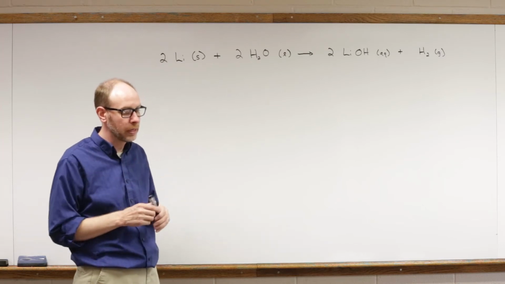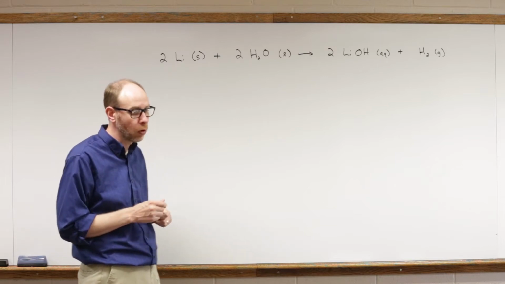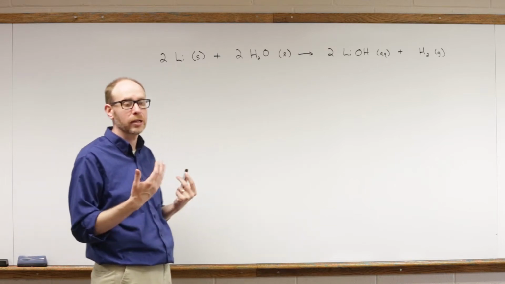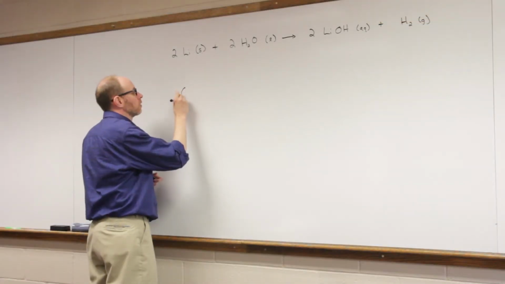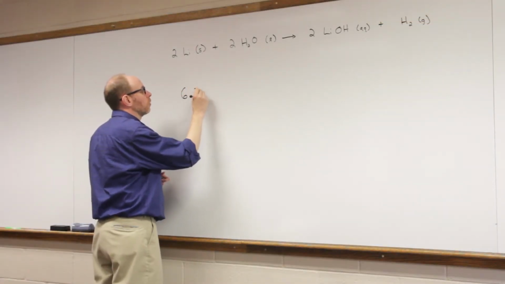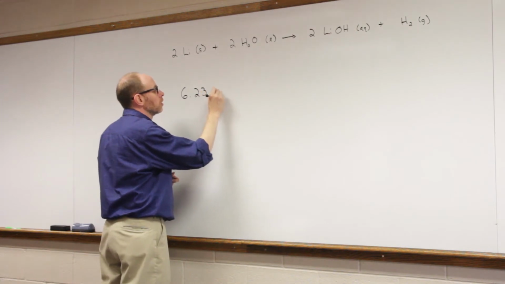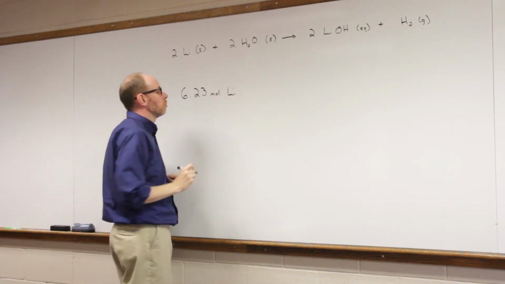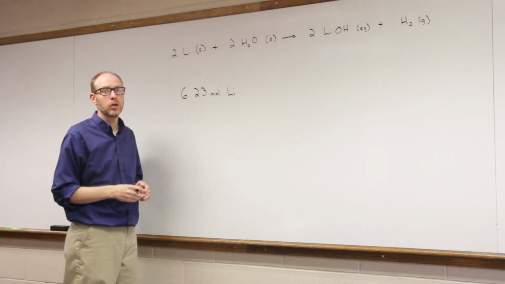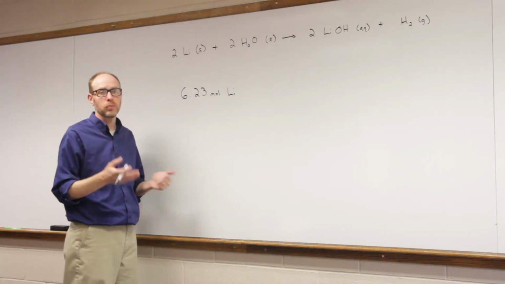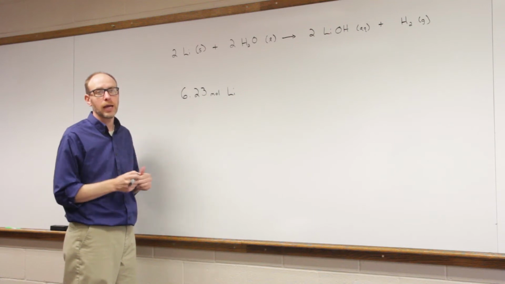So in this problem, it talks about 6.23 moles of lithium reacting with excess water. In this reaction, we have solid lithium reacting with water to produce lithium hydroxide and hydrogen gas.